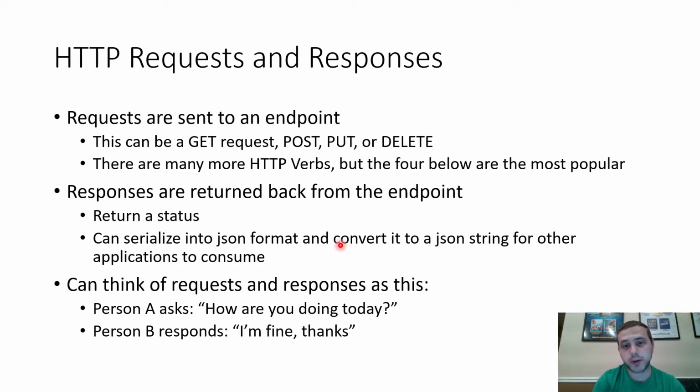And if your endpoint wanted to send data back from the backend, you would convert that to a JSON string and send it back to your front end as a response, and then have your front end convert that back to an object.